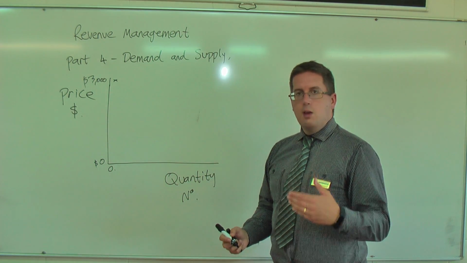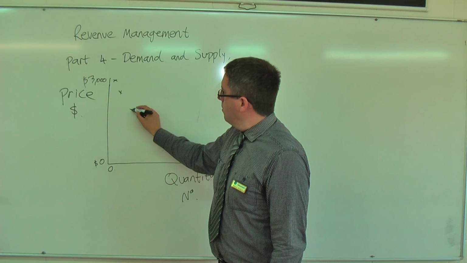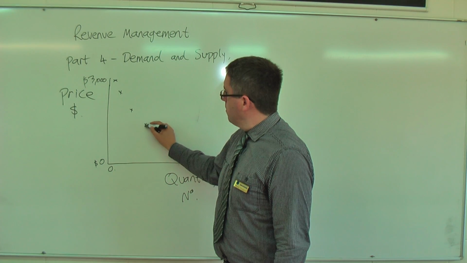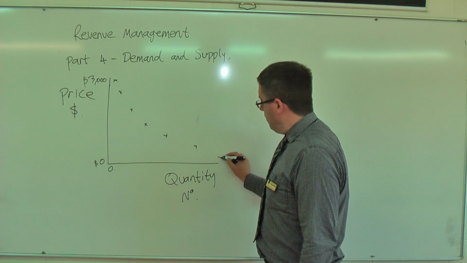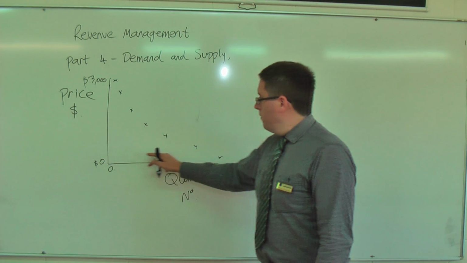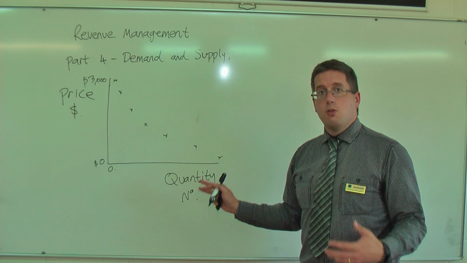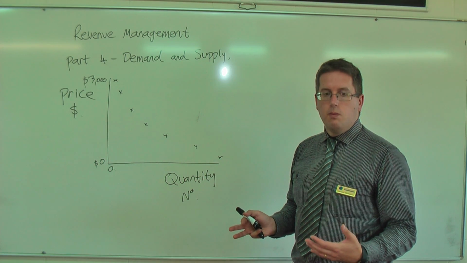But as the price keeps coming down, more and more people want to buy it, until it gets way out here, where the price is very low and the quantity is very high, where they go, yes, I want to buy heaps of them at that price point.